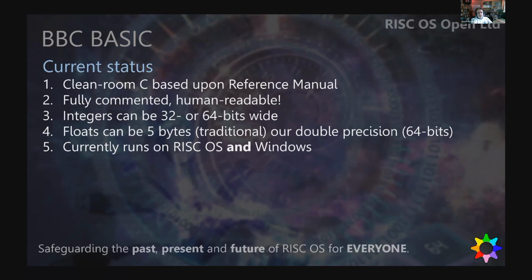If you use 32-bit numbers, which is what traditional BASIC used for integers, then all of your existing programs should work fine. But as soon as you say integers can be bigger than that, there's a high risk that a lot of existing programs will break. So you want to make that an option that you can choose when you start a BASIC program. Am I a forward-looking one, or am I a legacy one? And the same with floating point numbers as well.